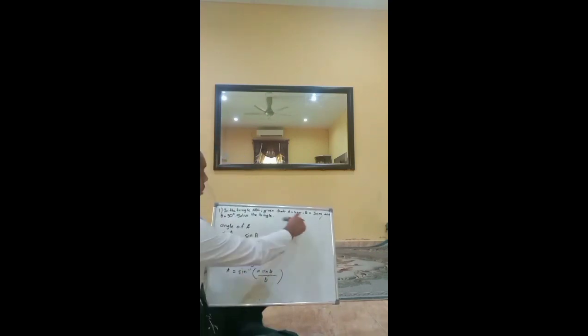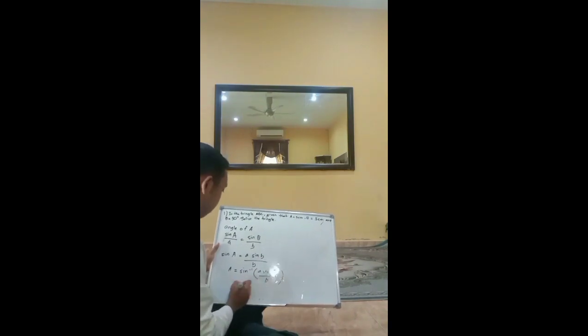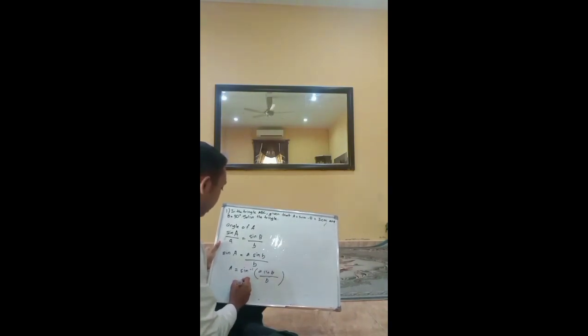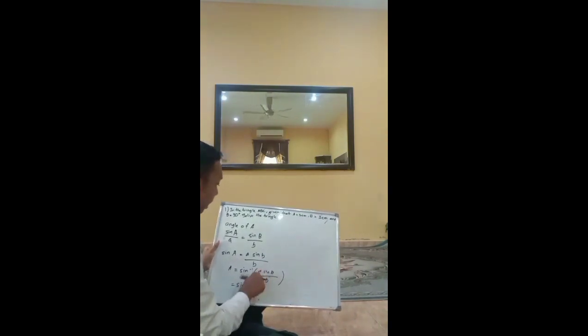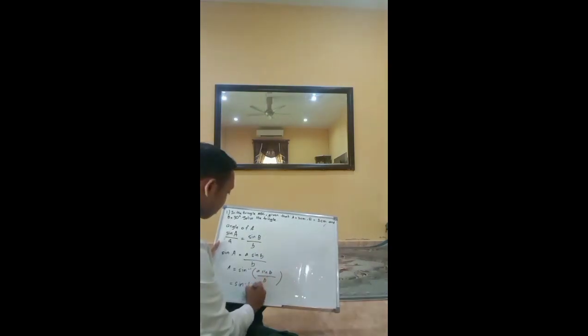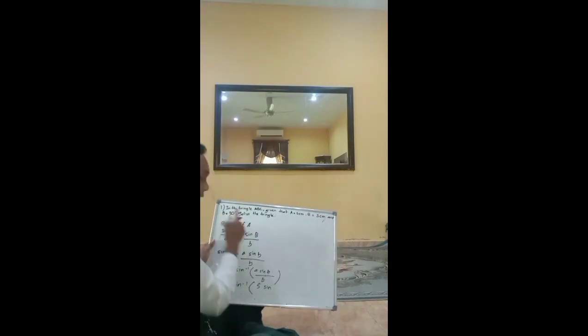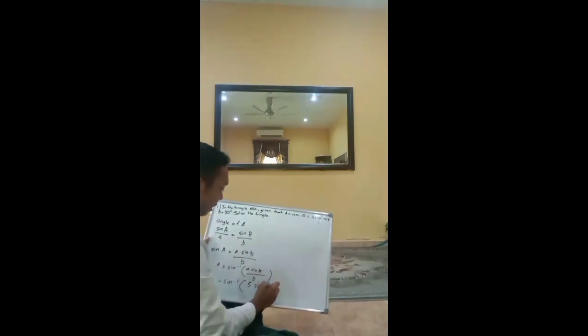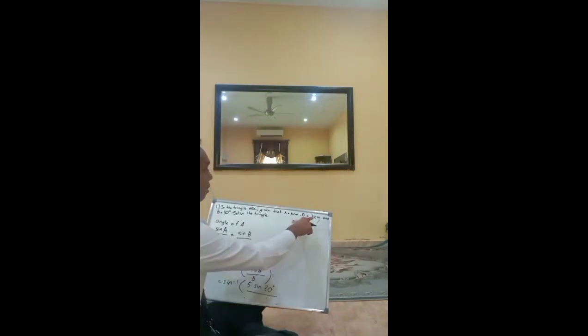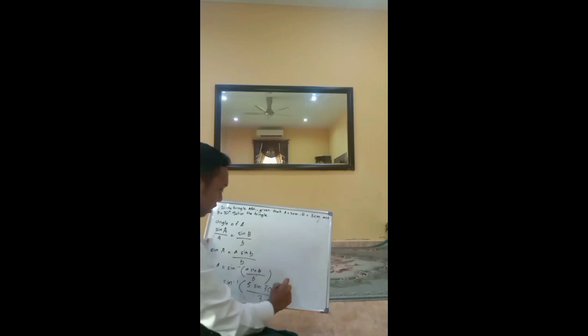So A equals sine inverse of a, where a is 5, times sine B, where B is 30 degrees, per b, where b is 3.